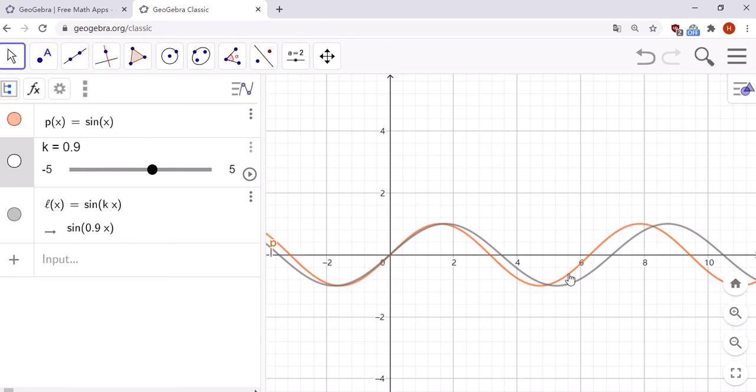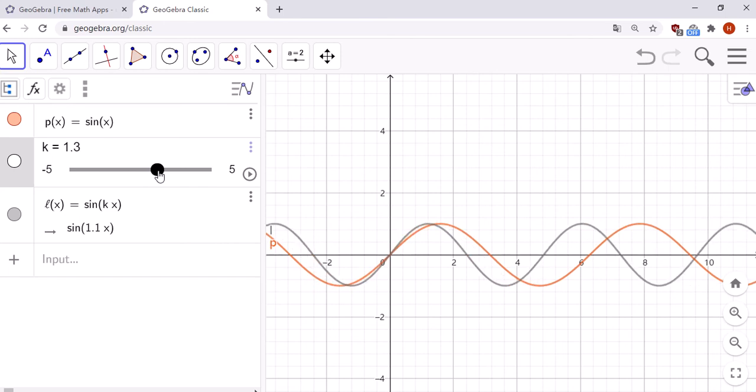We can see the period is increased right here, and the parent function is the gray one. When k is less than 1, the period is larger.